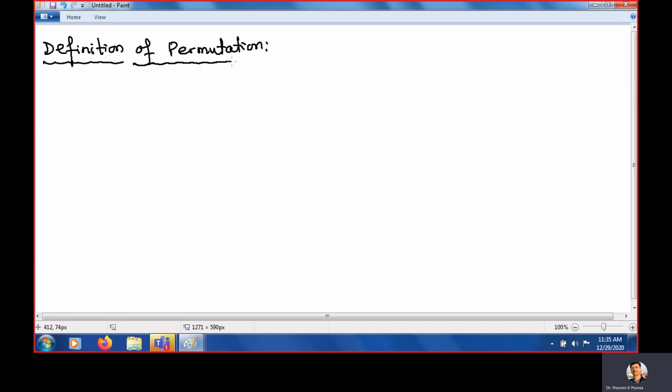Understand? Permutation means arrangement without repetition. This is the definition of permutation.